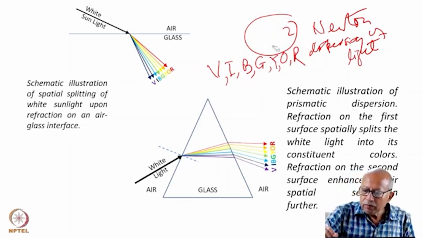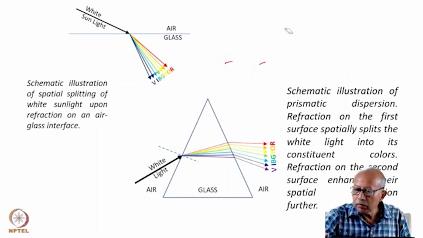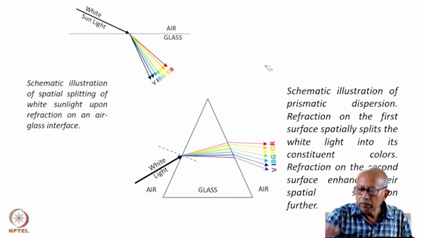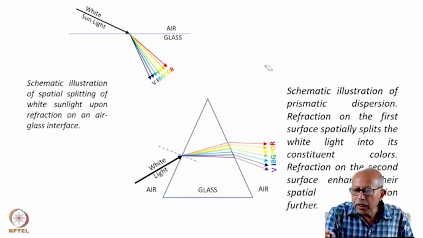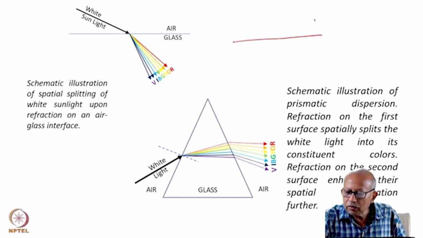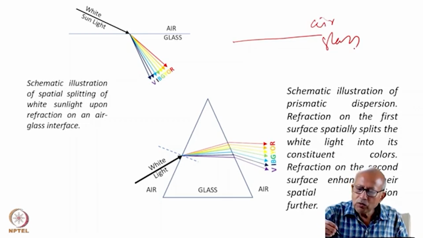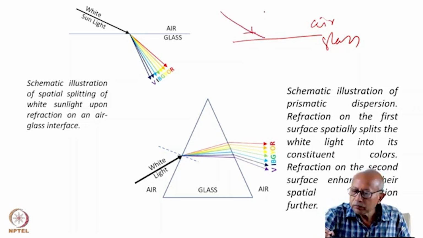You see, suppose you take a surface which I have shown here as air and glass, and you shine it with your white light, which is incident at an angle, say i.